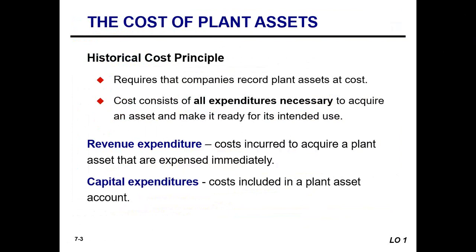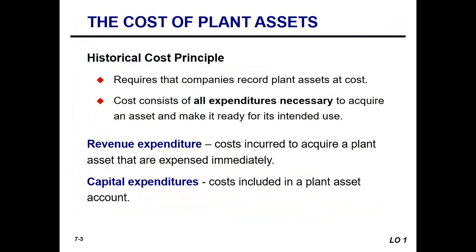This is a principle that we have talked about in the past, that anything we purchase is recorded at cost, and that includes our plant assets, our fixed assets, our property, plant, and equipment. Cost, though, is not just the check that you write for the item. It also includes all the expenditures that are necessary to get that item ready for its use. These are called capital expenditures.